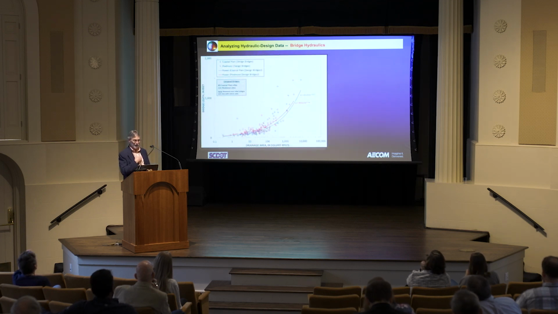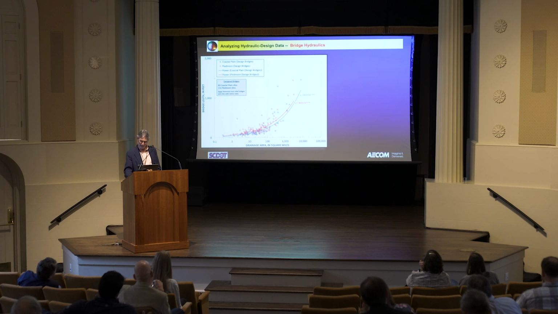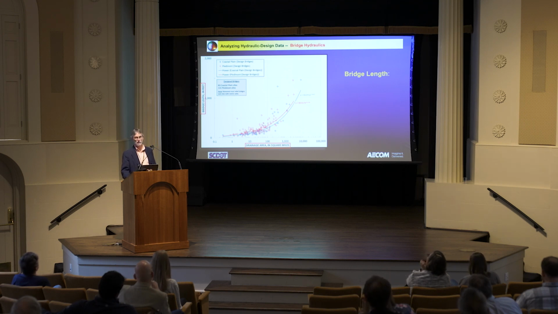This was, to me, the most satisfying graph in the analysis, and this is bridge length versus drainage area. And so there's a very nice relationship there. And I remember as I was presenting this to the SCDOT staff, a couple of older guys kind of had a gasp, because this summarizes all the analysis you do into this simple graph of, hey, drainage area, this is your bridge length on average.